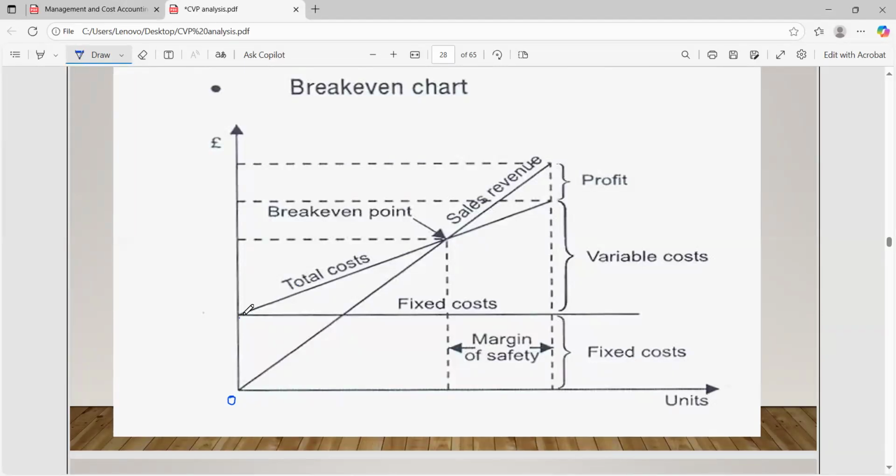It will start where the fixed cost starts because total cost has a component of fixed cost in it before the variable cost. So because we have that constituent in it, your total cost line has never started from zero.